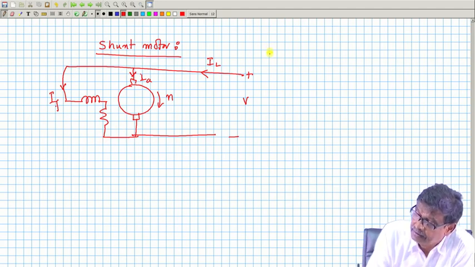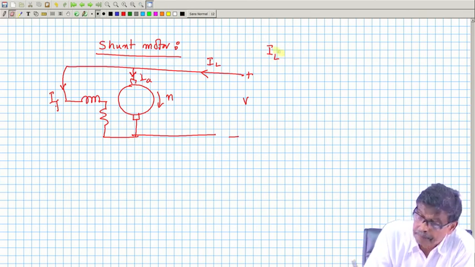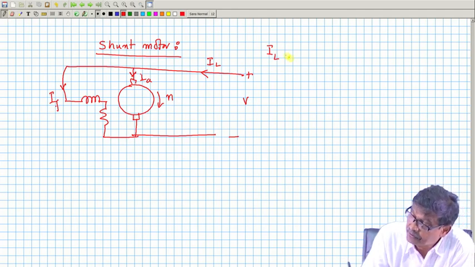So, IL, the line current, is equal to IA plus IF.